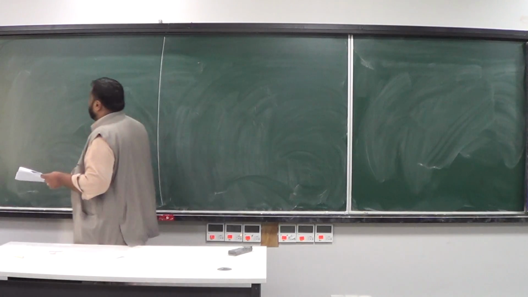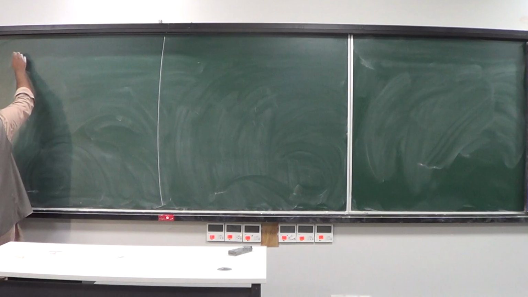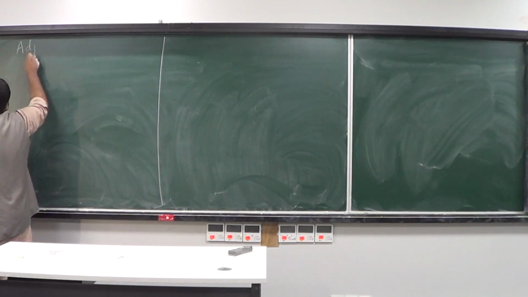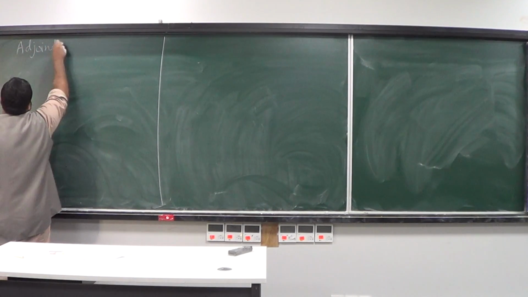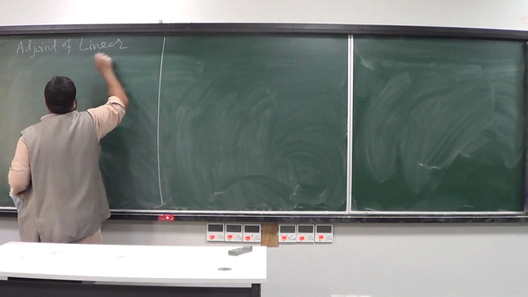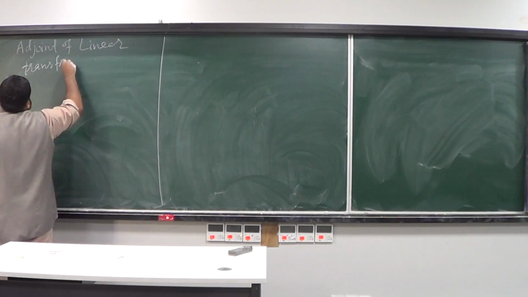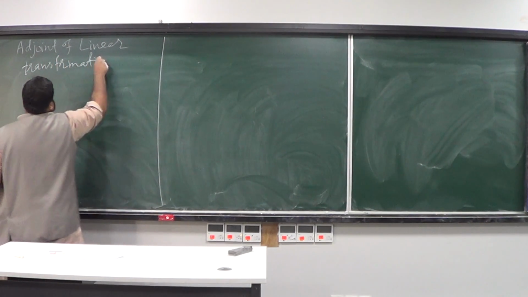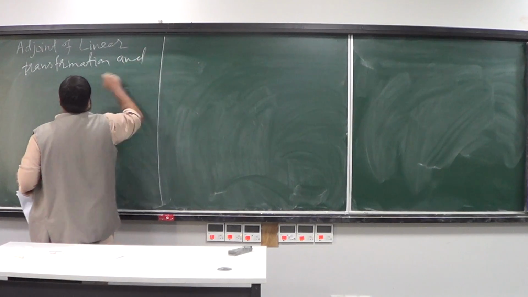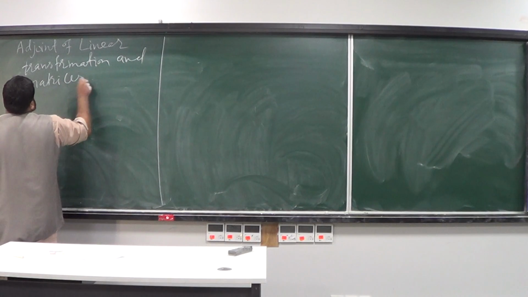Okay, the next section is on finding the adjoint of linear transformations and matrices.